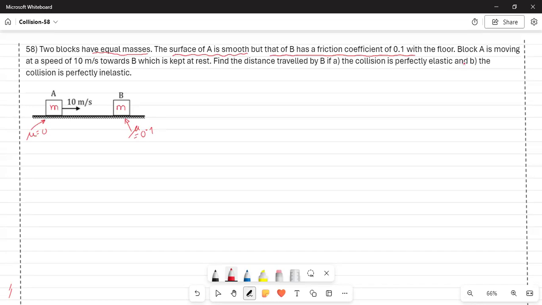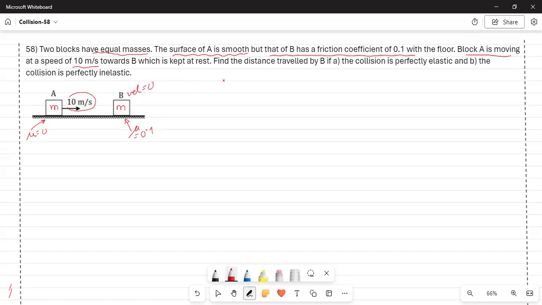This is the catch. Now the question is, block A is moving with a speed of 10 meters per second towards B, which is kept at rest. Its velocity is 0.